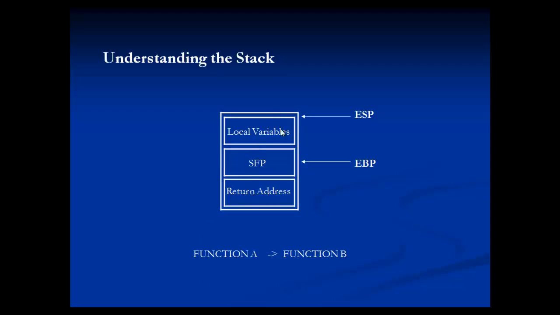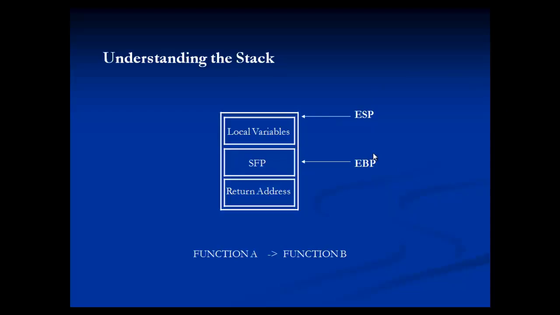Now the SFP, the stack frame pointer, holds the location of function A's SFP. It means the function A's stack frame pointer, and the location of the current stack frame pointer will be stored in a register called EBP, the extended base pointer.